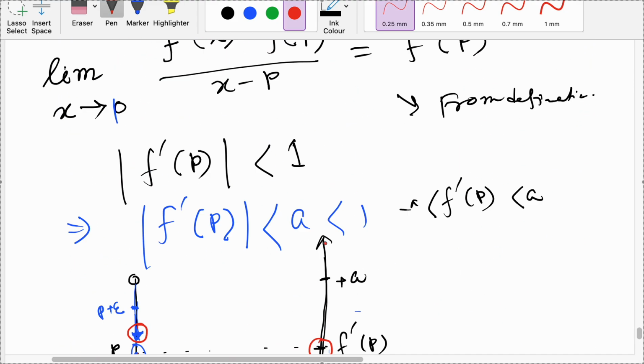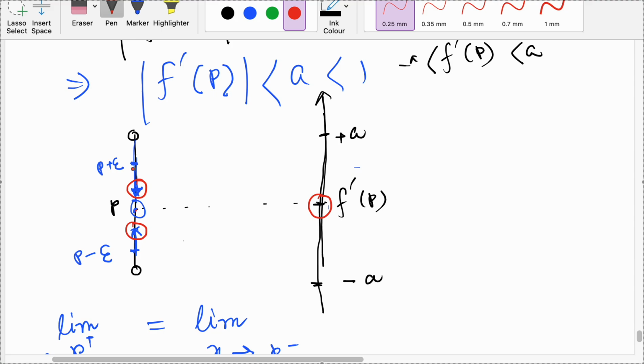So this means the values of f prime in the neighborhood of point p, from the above side and the lower side, should be close to f prime p.